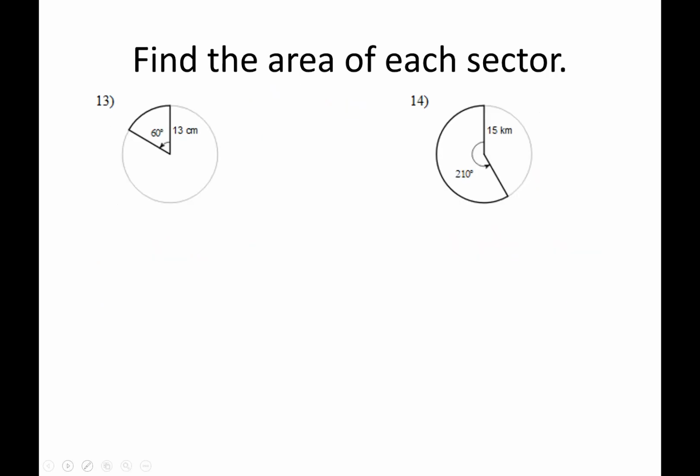Next, find the area of each sector. This one's going to be a similar formula, but just a little bit different. So we have area equals, again, central angle over 360 times pi r squared. In this first one, my central angle is 60.